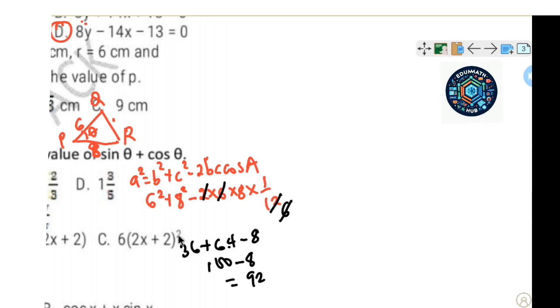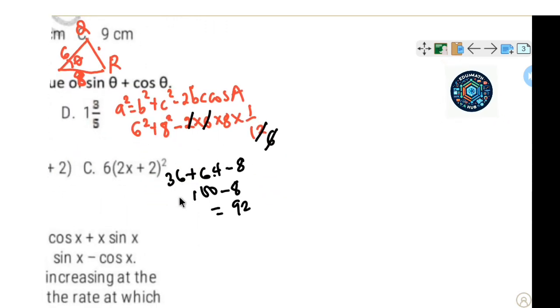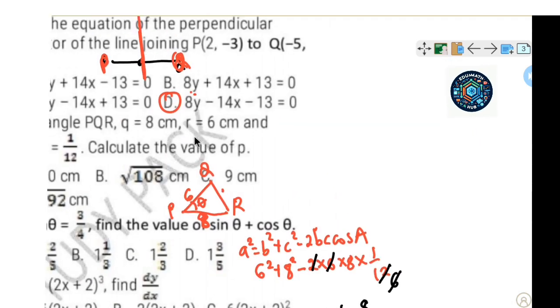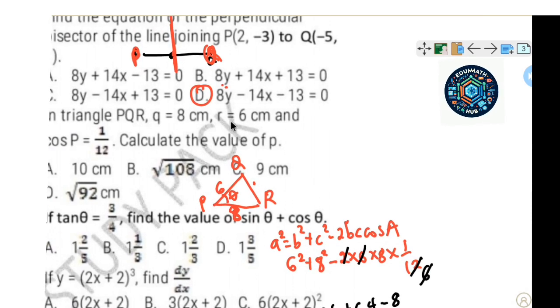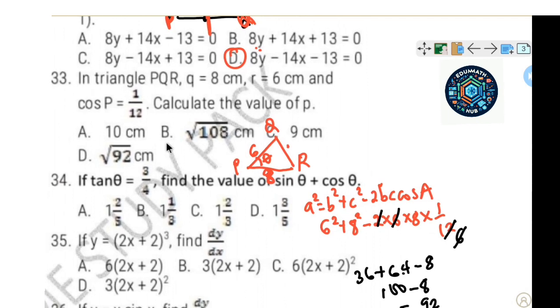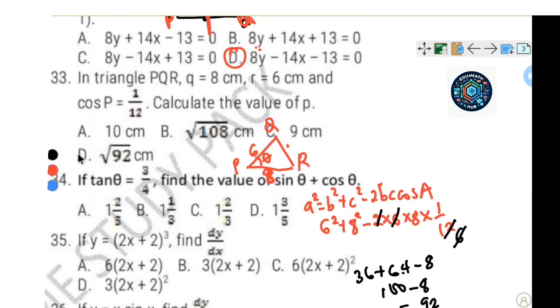Then you take the square root of 92. So the value at P will be the square root of 92. I'm going to create a separate video on the cosine rule later, but that's just the basics. So this one will give you root 92, and that's the answer to that one.